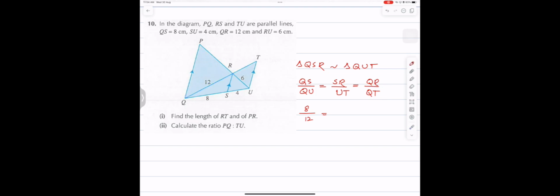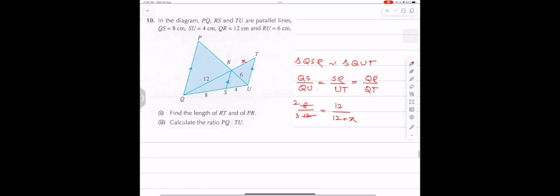Let RT be X. So it is 12 over 12 plus X. You can do cross multiplication, or first you can simplify. It's your choice. If you simplify, this will be 2 over 3.